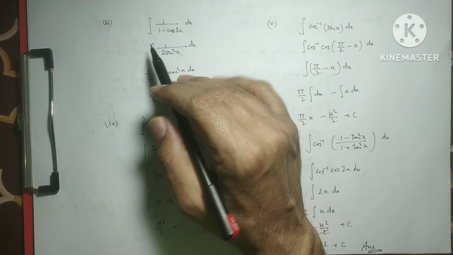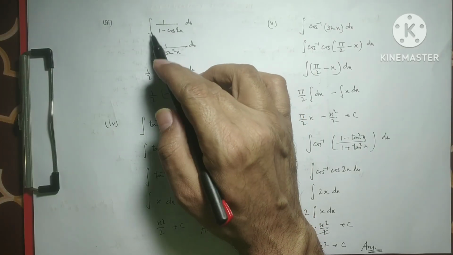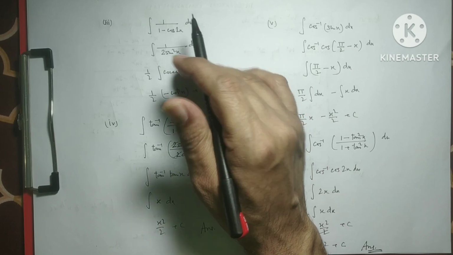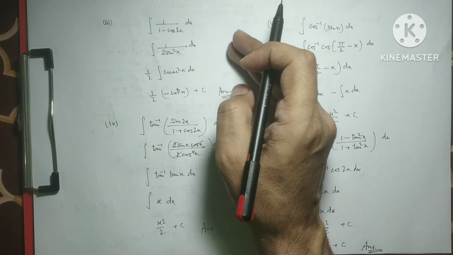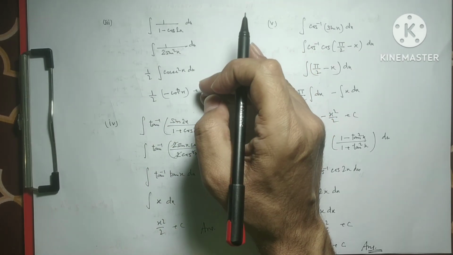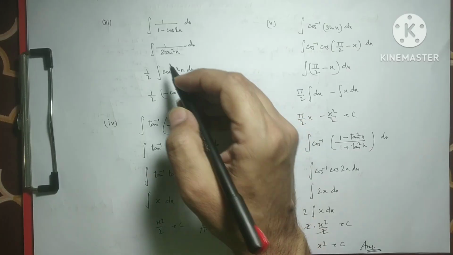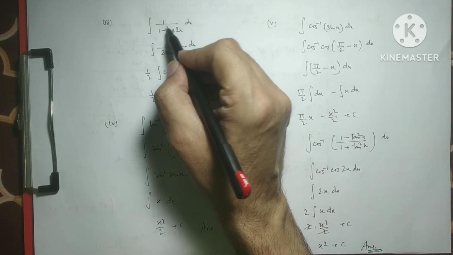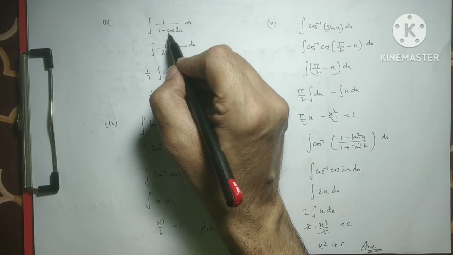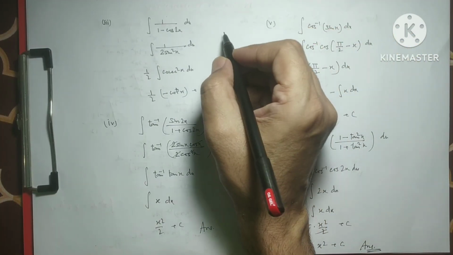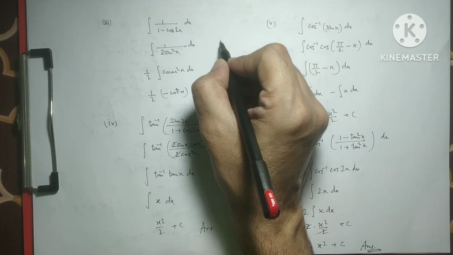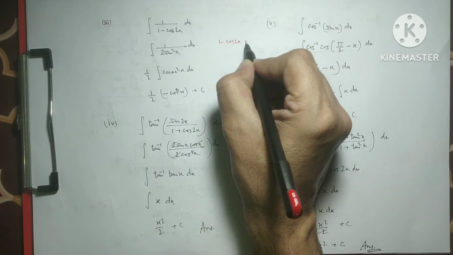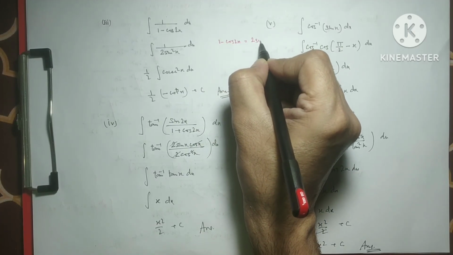Right now we are taking the trigonometric functions for integrations, and we will use a simple trigonometric formula, and we will simplify this and integrate. So first question, find the integration of 1 over 1 minus cos 2x, and by trigo formula we have 1 minus cos 2x equals 2 sin square x.